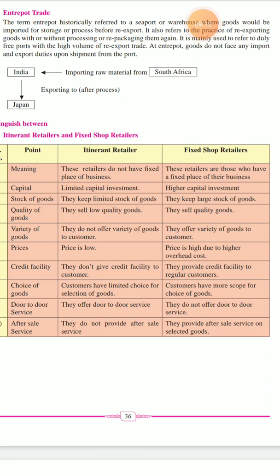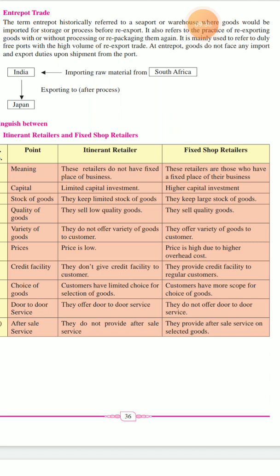Like they come with a hand cart, you see, some vegetables, some cheap goods. Like small goods, utensils, or they will be selling some clothes. So they don't have any selection, limited choice of selection for the customers.